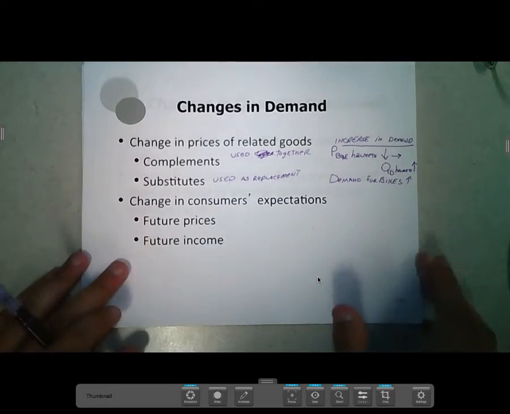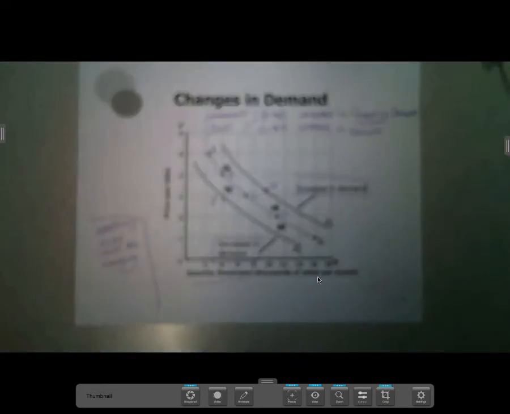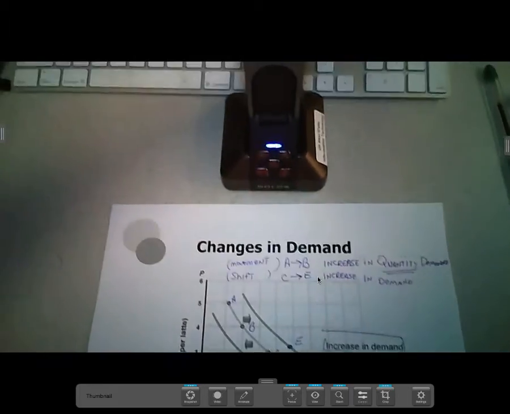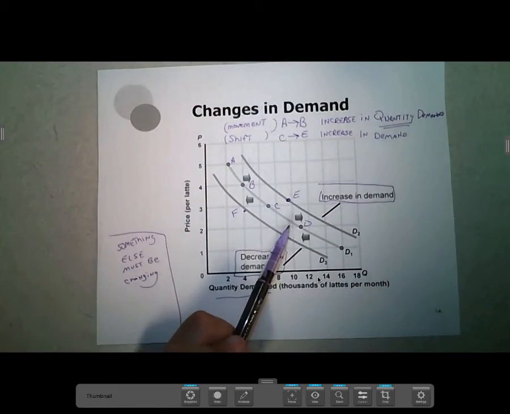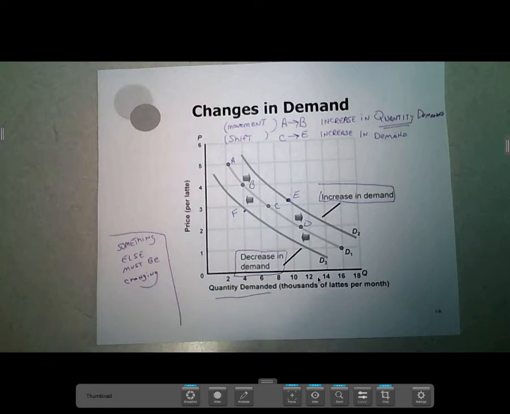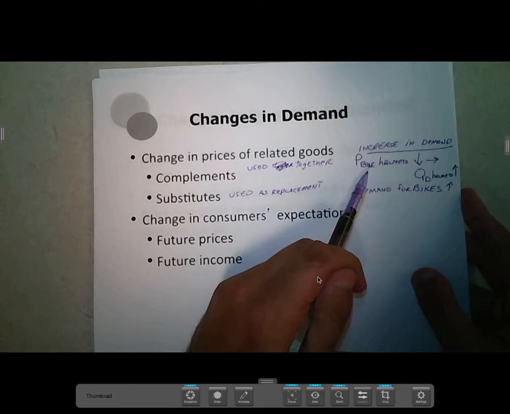Meaning, if we go back to this right here, I get my movement or my change from C to E by changing the price of a complementary good by lowering it.